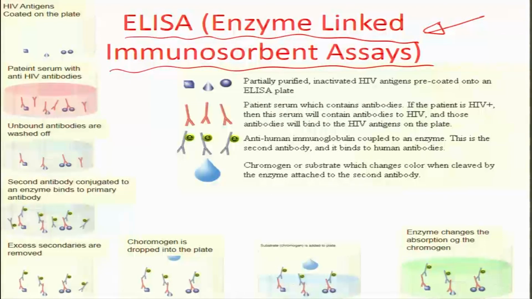So, what we do here is that we start at step 1 or level 1, where we are taking the inactivated partially purified HIV antigens and pre-coating the surface, which would be treated as a sensing plate for the ELISA scheme to happen. So, step 1 shows the coated HIV antigens.